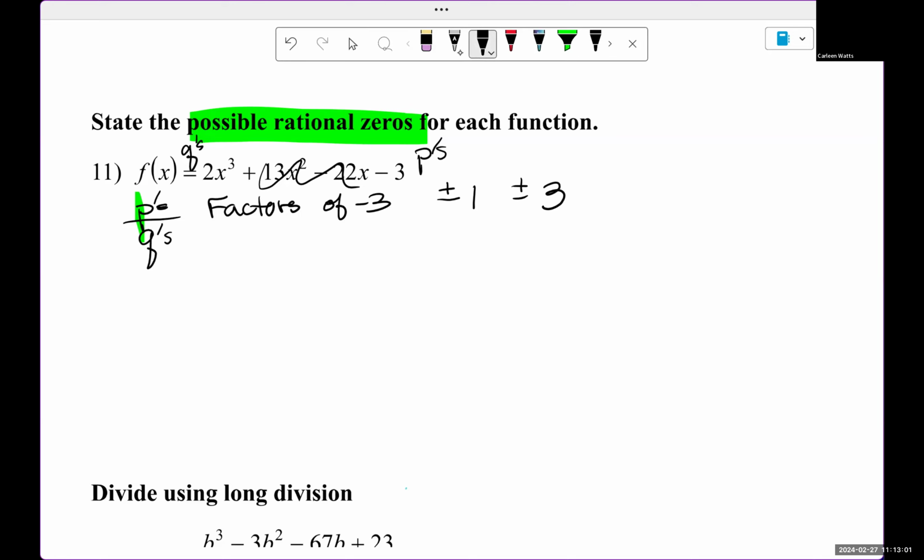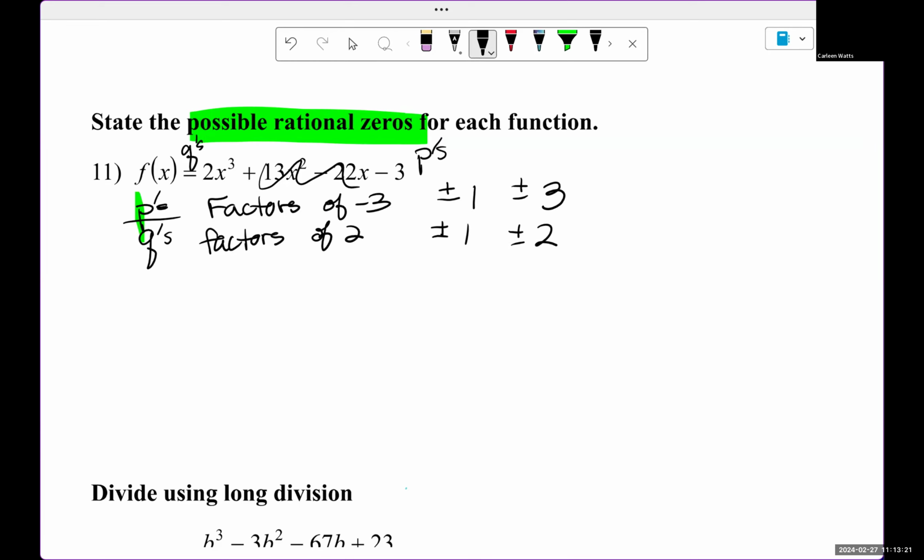Yeah, ±1, ±2, ±3, ±4, ±6, ±8, ±12. Okay, but 3 is not that bad. And then we have factors of 2. So we have ±1, ±2.